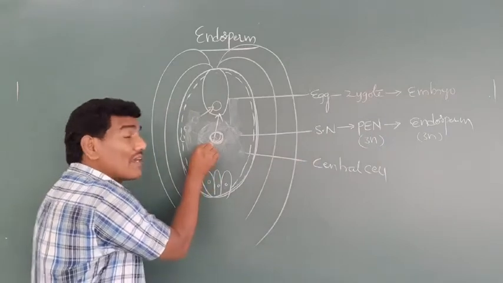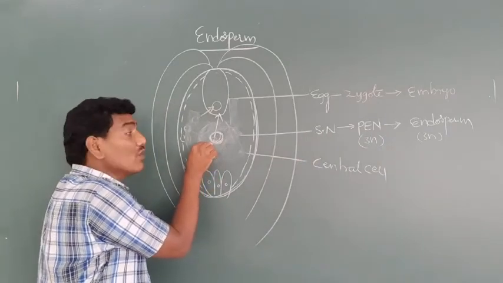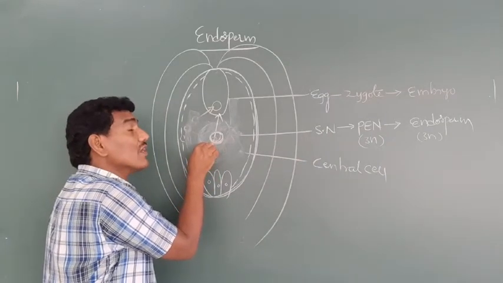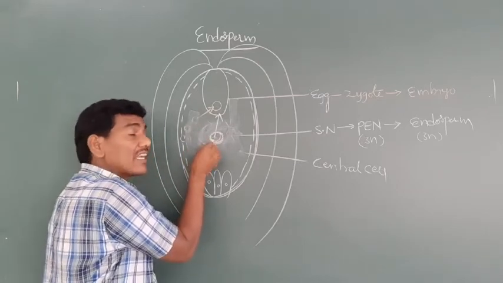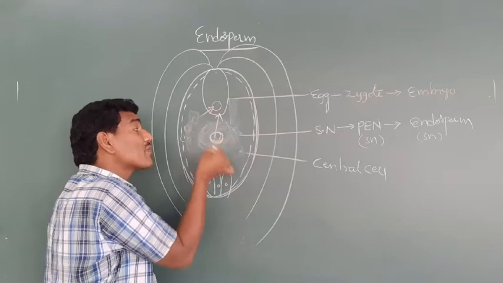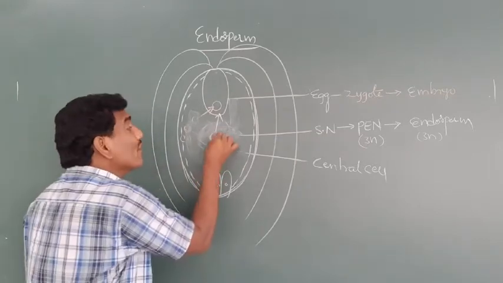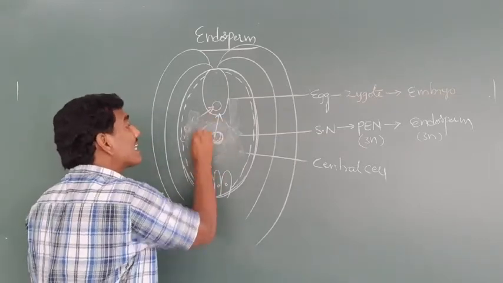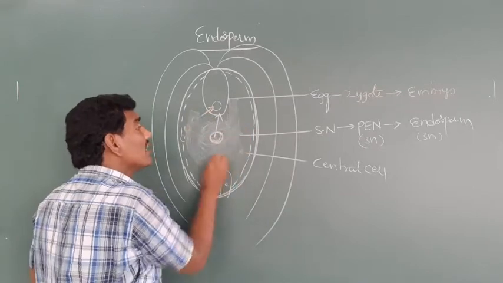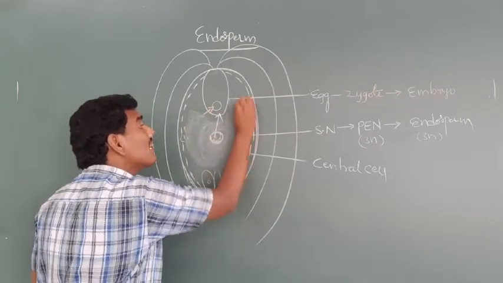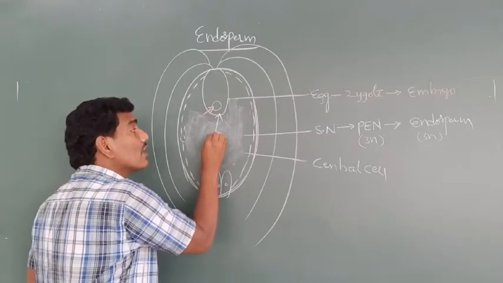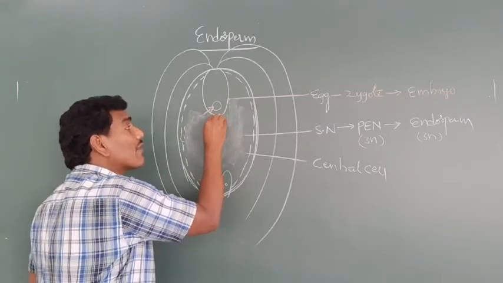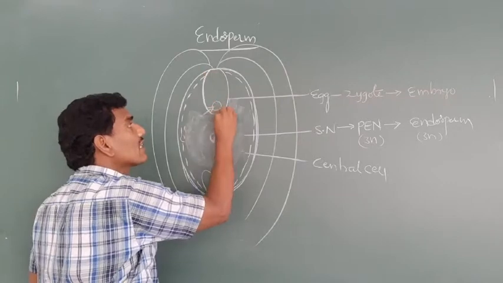The triploid cells of the endosperm are filled with reserved food material and supply the food material for the development of the embryo.